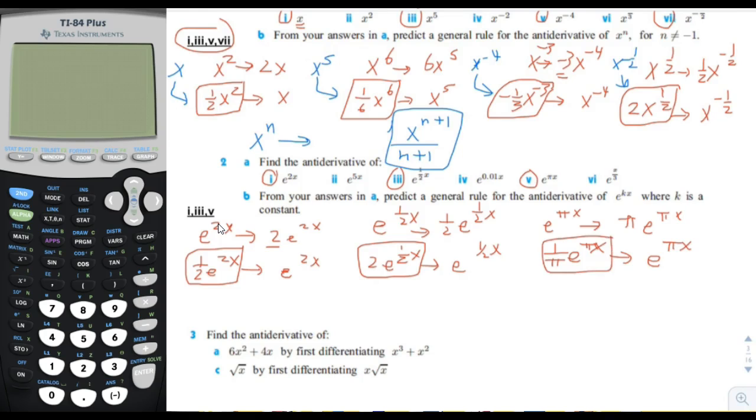So if we want a general rule for e to the kx, what would be the integral or antiderivative of that? We would want exactly the same thing, e to the kx, but we do want to divide by k itself. So I think our general rule would be this.